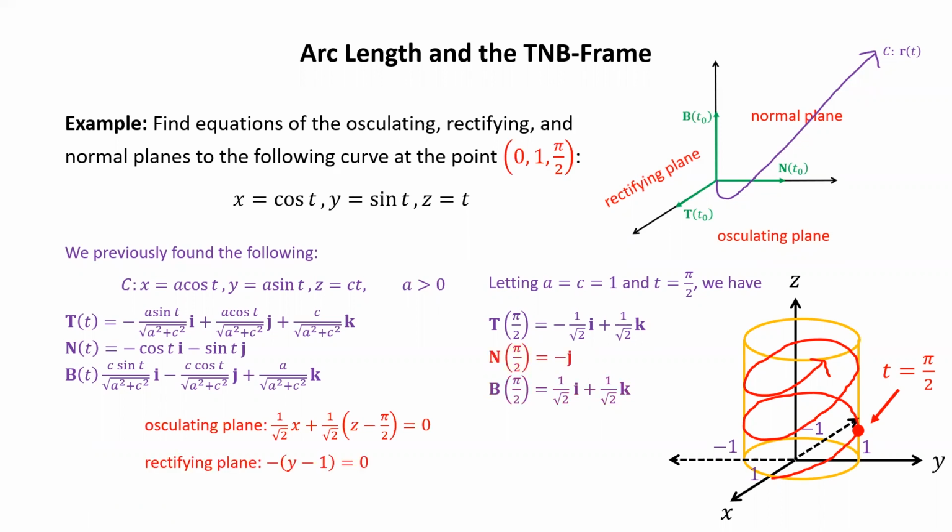For the rectifying plane, we're going to use the vector N. Since there's only a j component there, we get negative y minus 1 equal to 0. And finally, for the normal plane, we're going to use the vector T. And we get negative 1 over root 2 times x minus 0, or just x, plus 1 over root 2 times z minus pi over 2 is equal to 0.